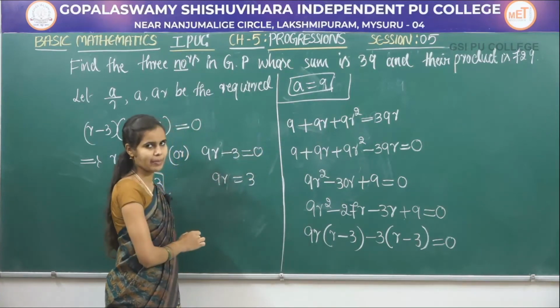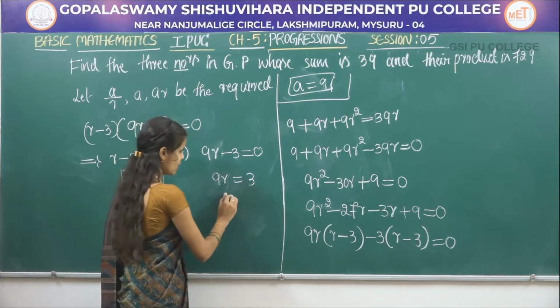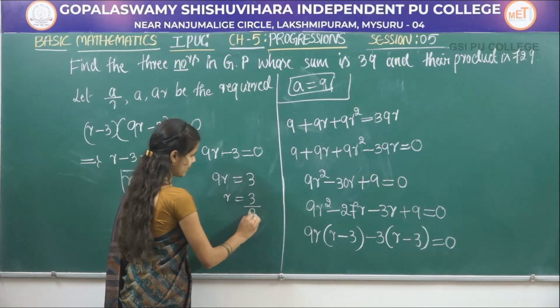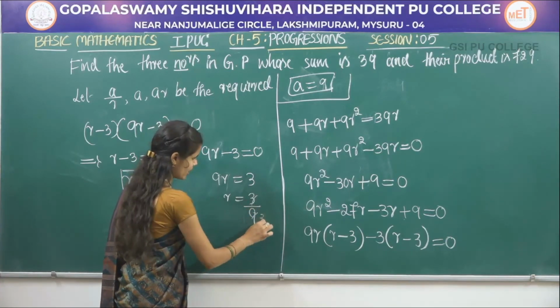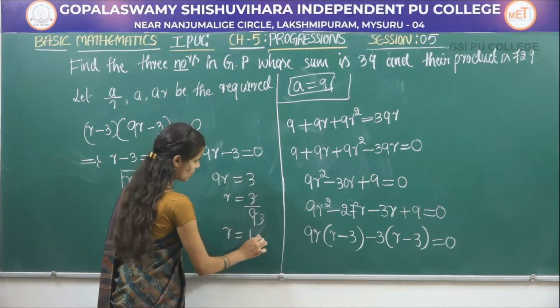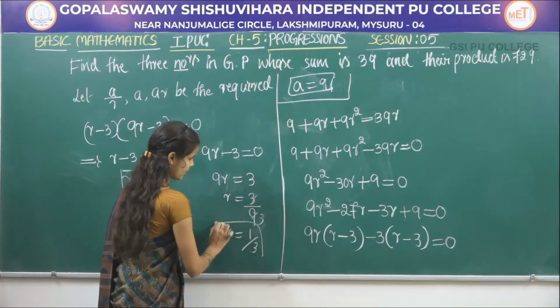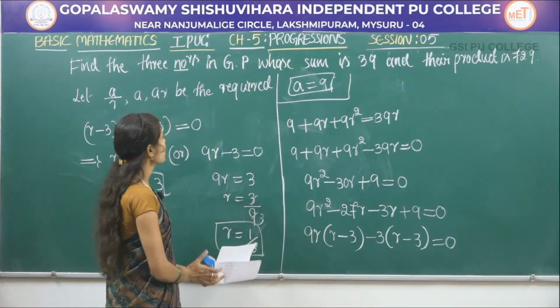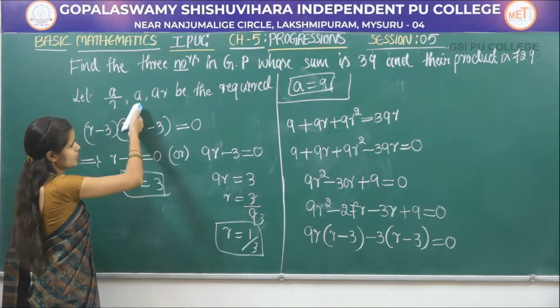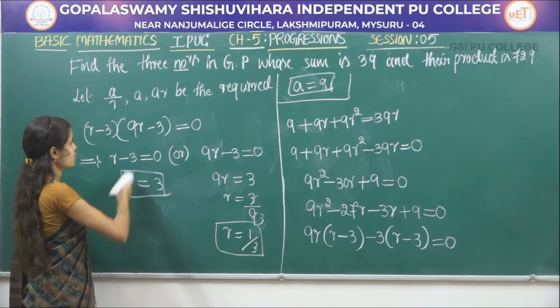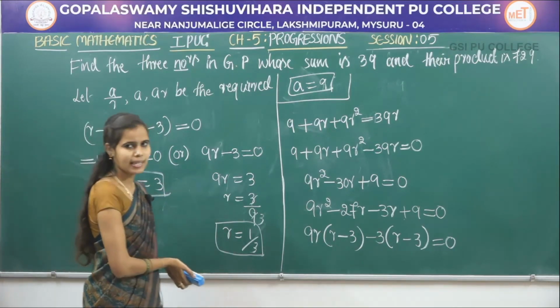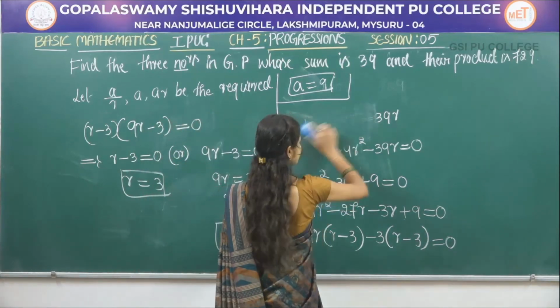Take minus 3 to the right side and it becomes plus 3. R is equal to 3 by 9, which means 1 by 3. Now find the required three numbers in GP, that is a by r, a, a into r.